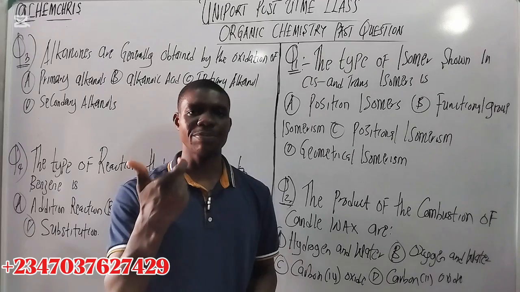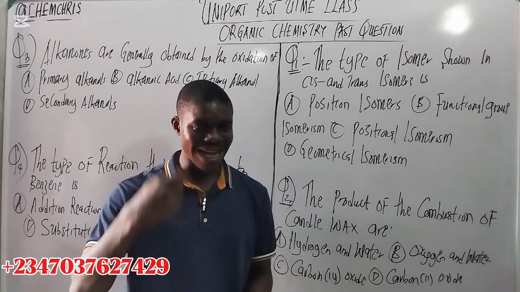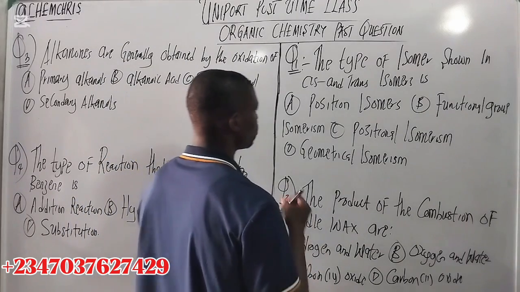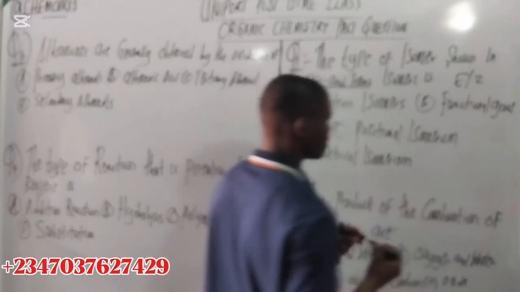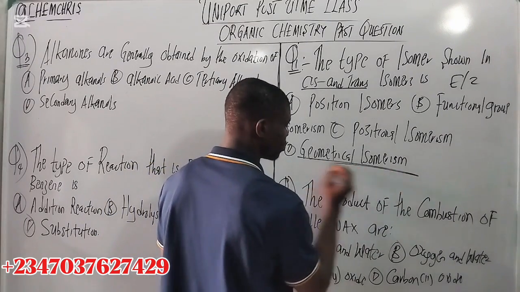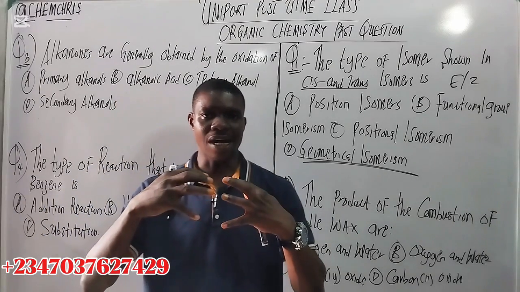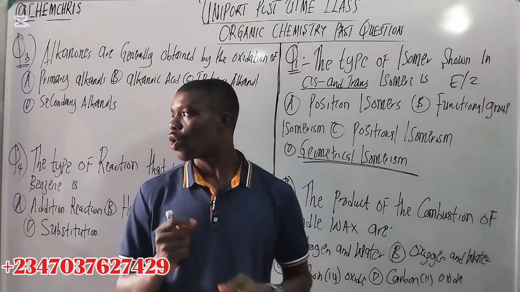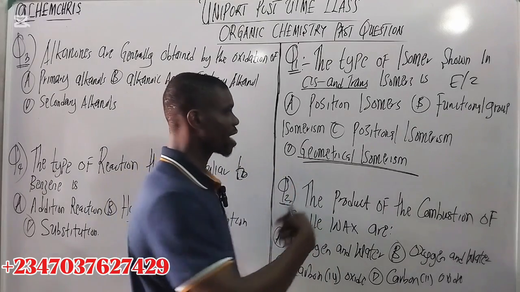In geometrical isomerism, this is where we find cis and trans and E and Z. So when we talk about cis and trans isomerism or E/Z isomerism, you're talking about geometrical isomerism. So in the exam, if you see cis and trans or E and Z, understand that the type of isomerism there is geometrical isomerism.